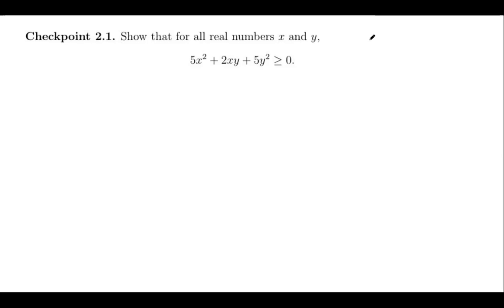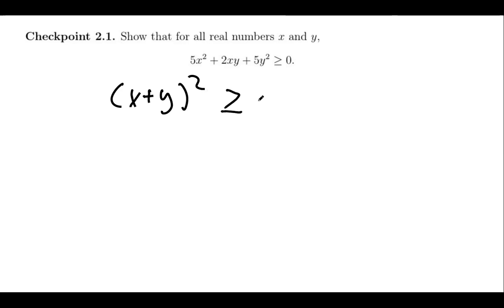Richard said that 5x squared and 5y squared must be non-negative. But yeah, we already know that's true because x squared and y squared are always non-negative. For this one, we can first take a look at the 2xy, and there's an x squared and y squared here, so we can try writing that part as (x plus y) squared.